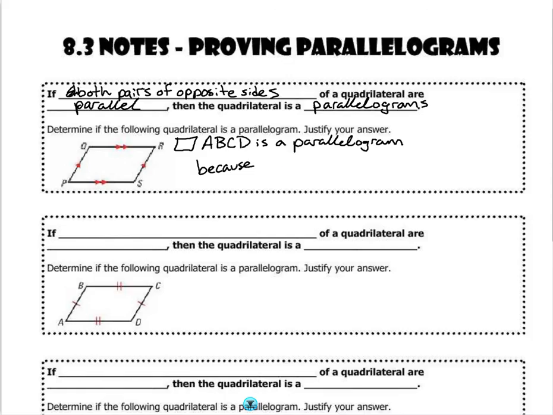We're going to look at the quadrilateral in this picture, which is QRSP. QRSP is a parallelogram because the opposite sides, QP, is parallel to RS, and both pairs, PS, would then be parallel to QR. So because those opposite pairs of sides are parallel, then that quadrilateral must be a parallelogram.